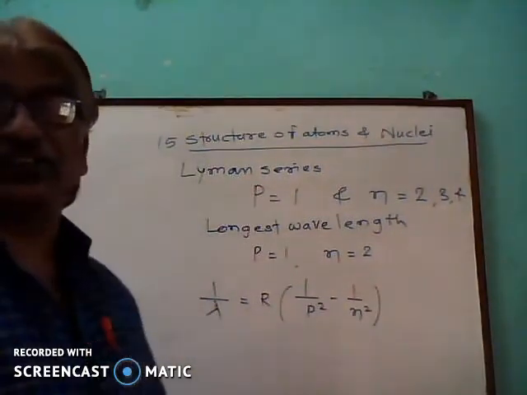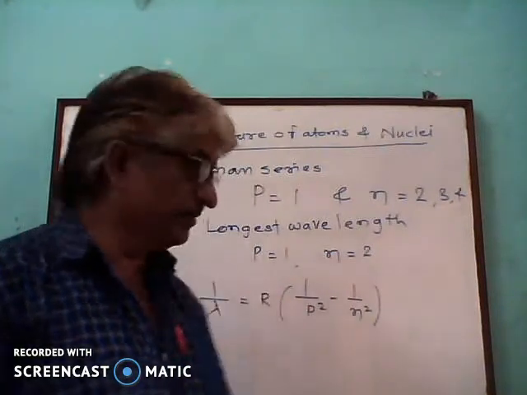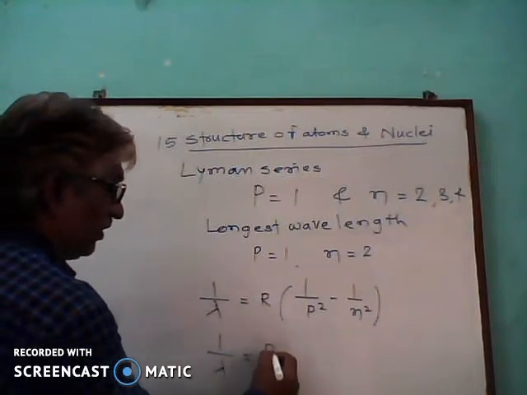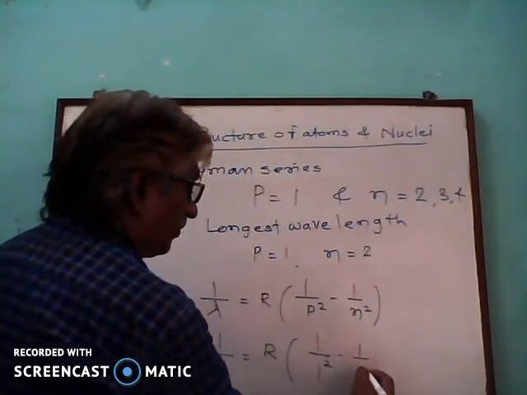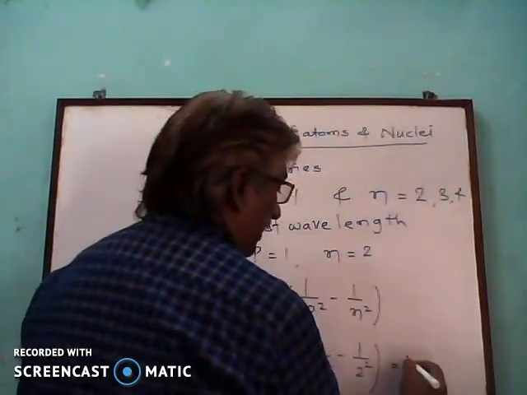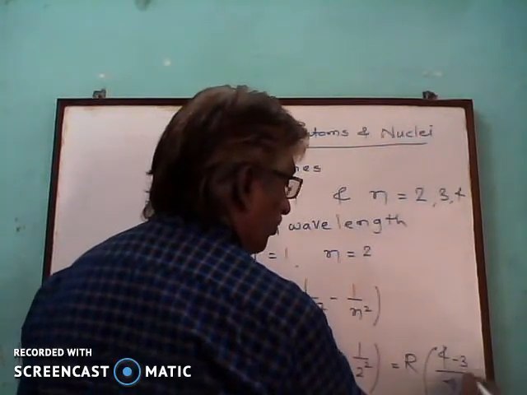If we substitute the values of p and n, here you get 1 upon lambda equal to capital R in bracket 1 upon 1 square minus 1 upon 2 square. Means R in bracket 4 minus 1 upon 4.